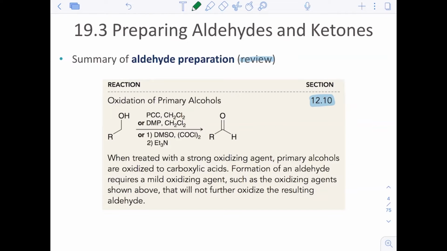So, oxidation of primary alcohols. Notice that this carbon here, which we will call the alpha carbon, has two alpha hydrogens. Using PCC was the way that we oxidized this alpha carbon to an aldehyde.